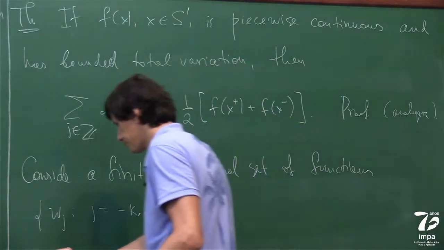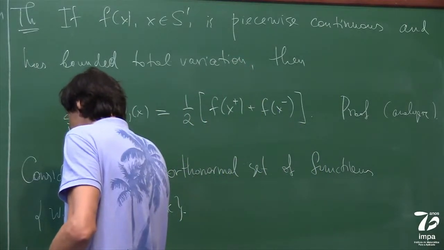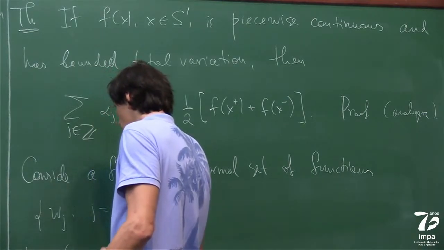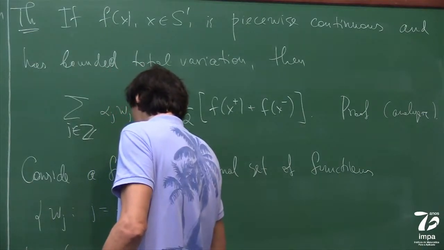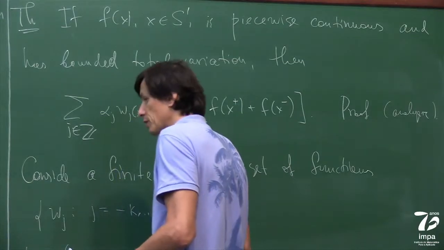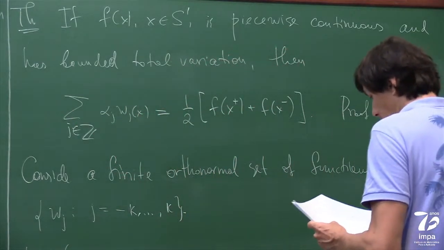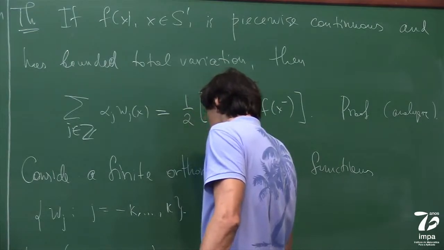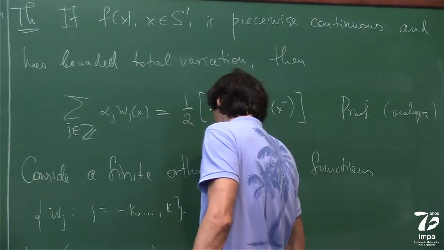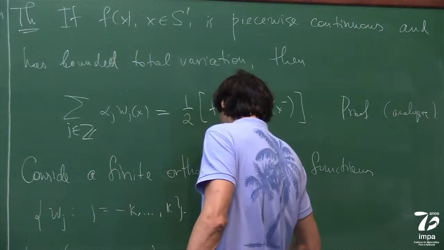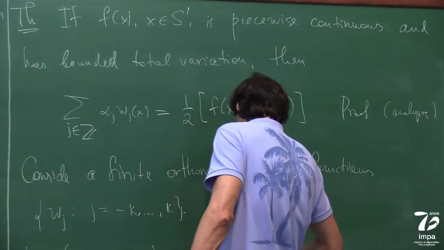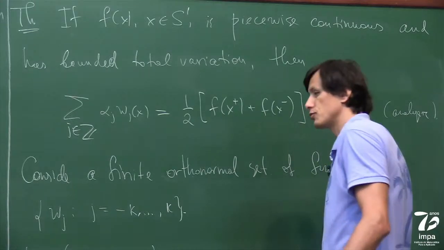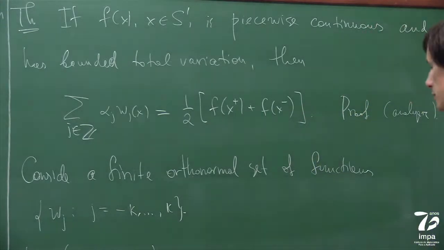So the best approximation, best meaning the least squares, that is, with respect to the L2 norm, approximation of f of x, remember that it's just projection on the basis of the function.